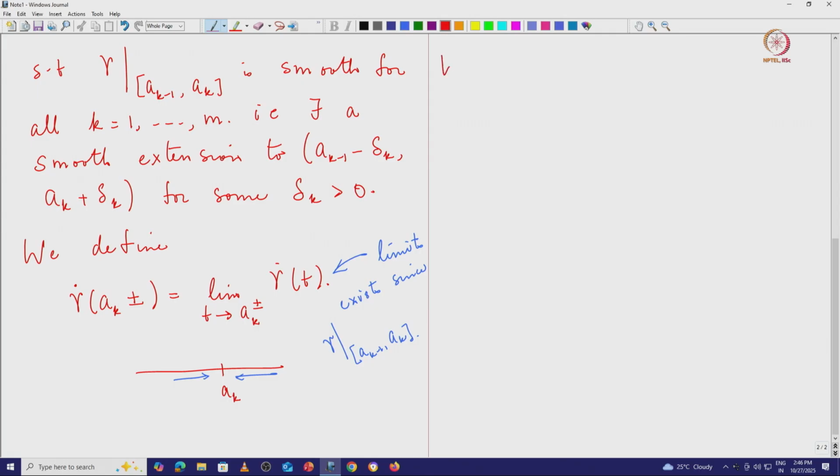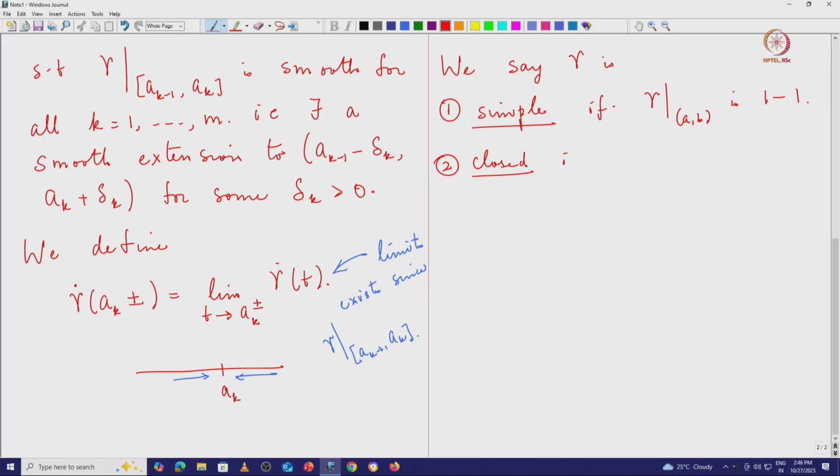So next we say that gamma is simple if gamma restricted to the open interval a to b is 1 to 1. So the only potential intersection point is at the initial or the final point, and it is closed if gamma of a is equal to gamma of b.